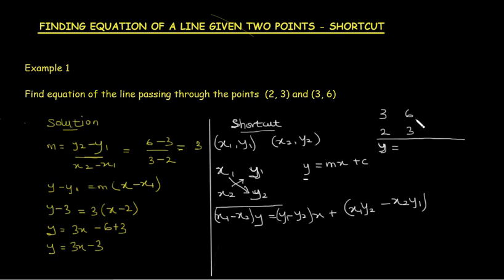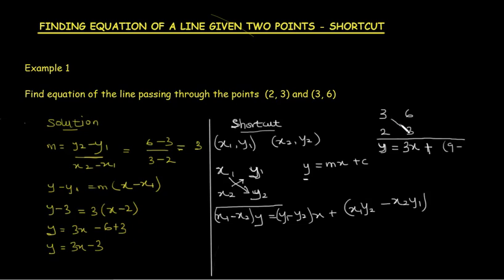Should be equal to, we subtract this and we have 3x plus, we multiply 3 by 3, that is 9, minus 2 by 6.